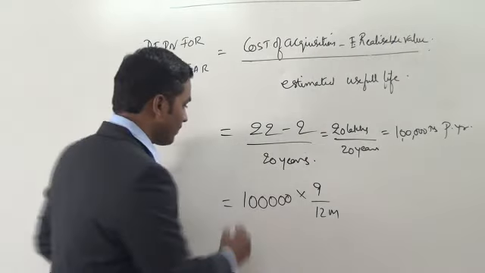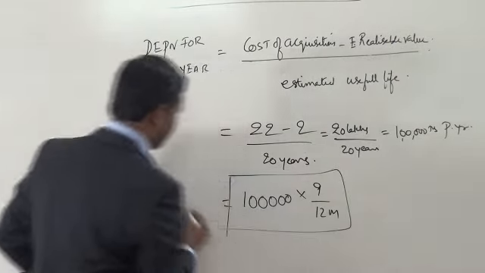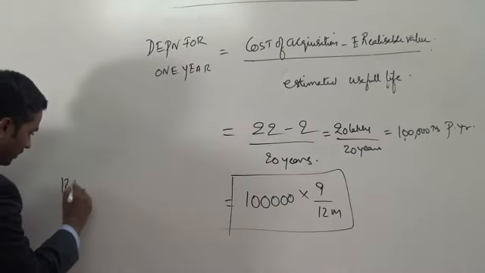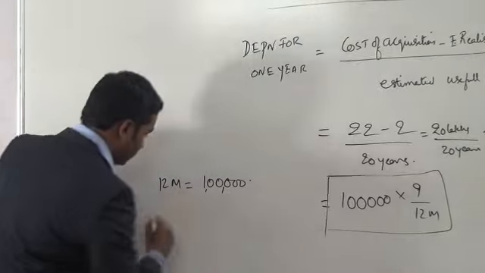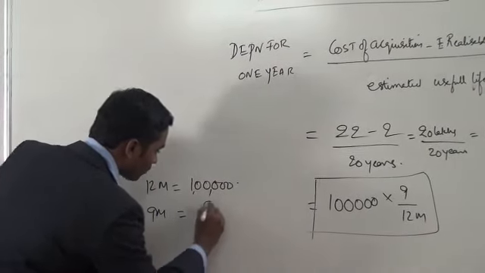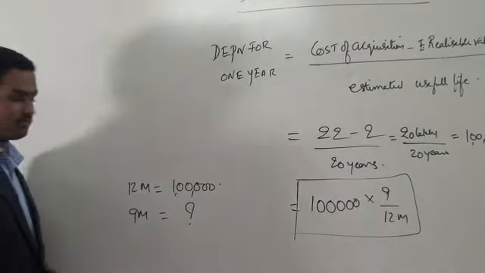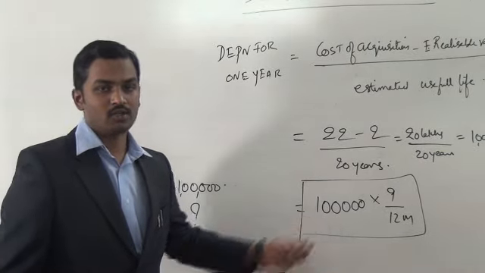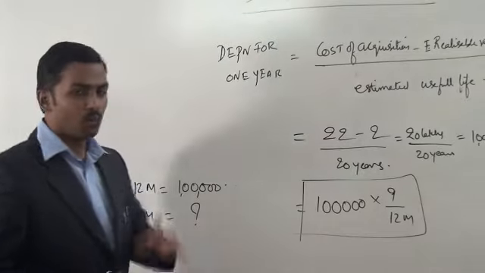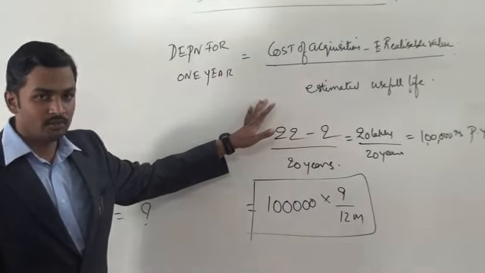Or I can show you the same calculation in a very simple manner. For 12 months, the depreciation amount is 1 lakh. So for 9 months, what should be the amount of depreciation? It will automatically arrive again at this number. So depreciation for 1 year is calculated by this formula.